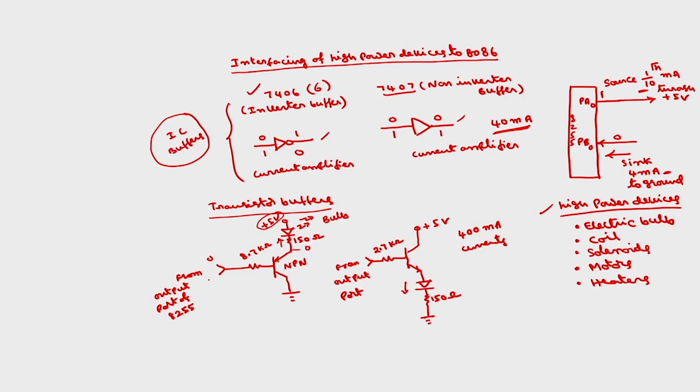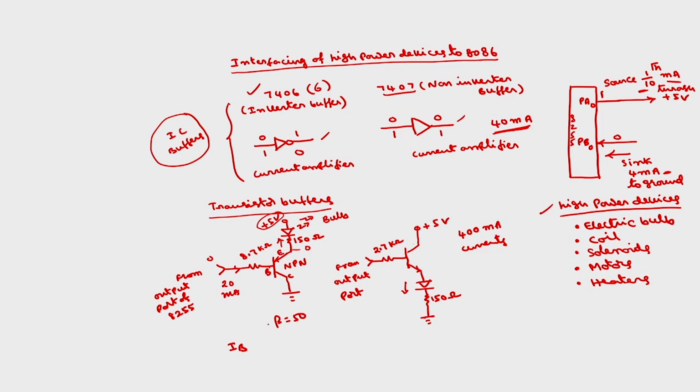From this port we know that it is going to give only current of the order of 40 milliamps, suppose I take this one as 20 milliamps. This 40 milliamps will be after the buffer. So here this will be of the order of 1/10 of a milliamp, so I am taking this as 20 milliamps. And if the beta of the transistor is say 50, this IB is the base current; this is base, collector, emitter.